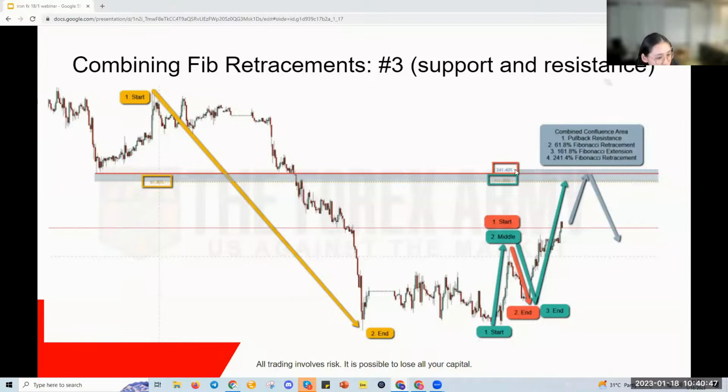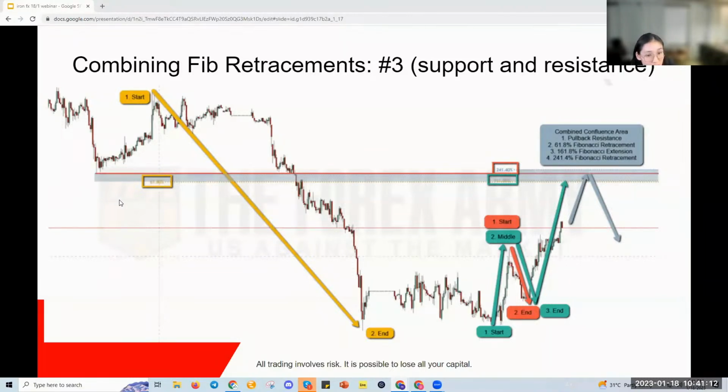The red level over here is the pullback resistance, because price tested this area, it bounced off of it and it crossed this area over here. So this is a pullback resistance. The Fibonacci retracement is the yellow line, starting point here and ending point here.